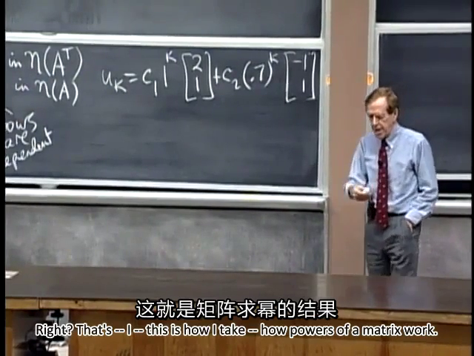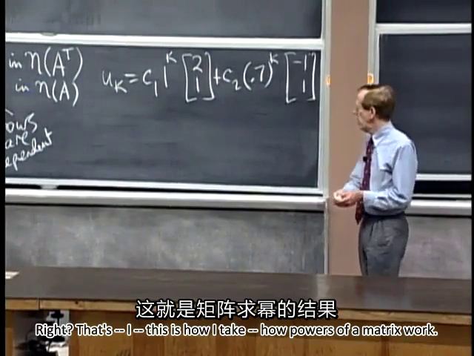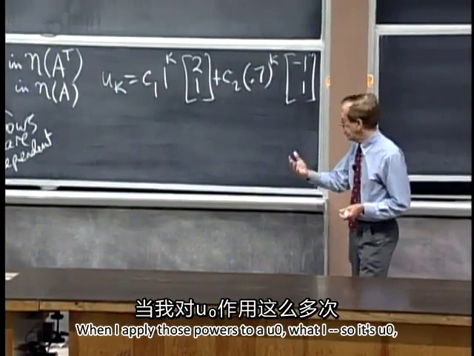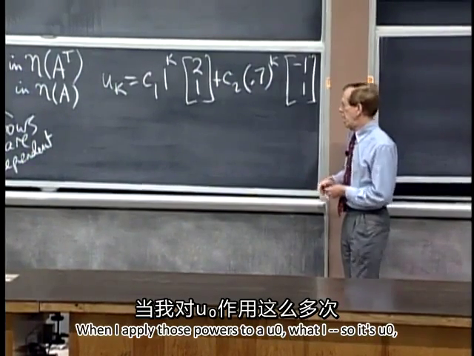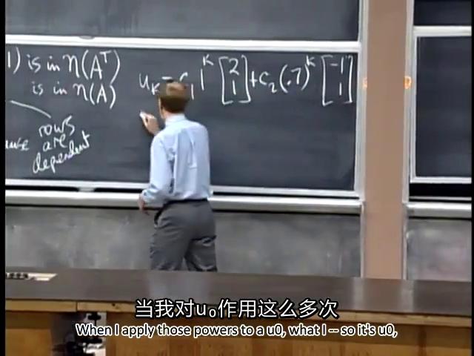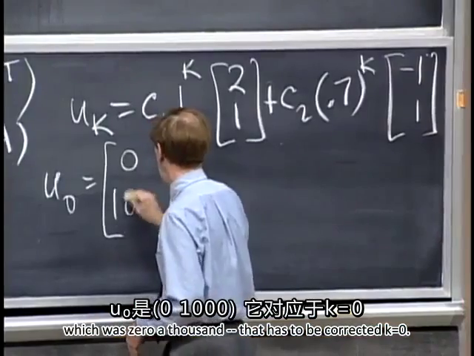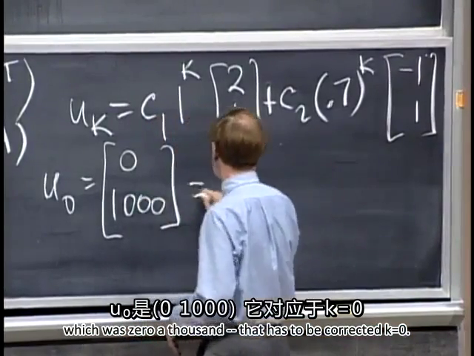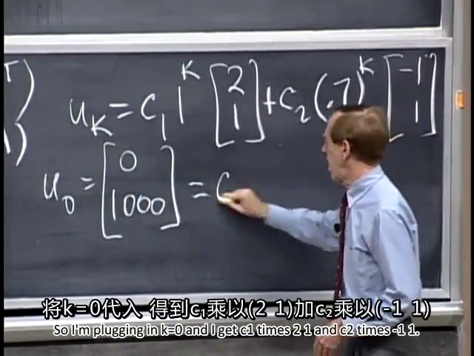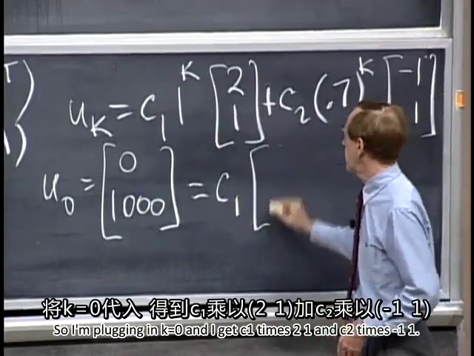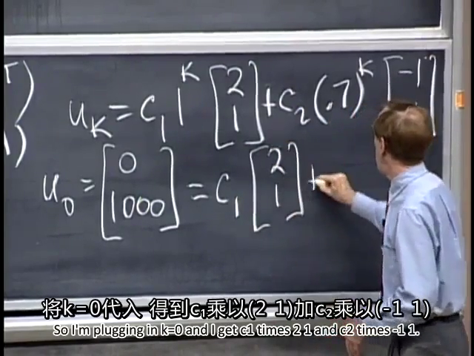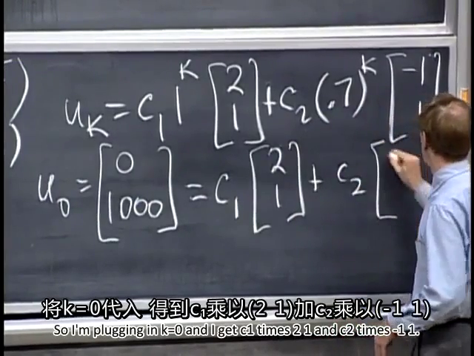This is how powers of a matrix work. When I apply those powers to u0, which was 0, 1,000, that has to be correct at k equals 0. So I'm plugging in k equals 0, and I get c1 times 2, 1, and c2 times minus 1, 1.